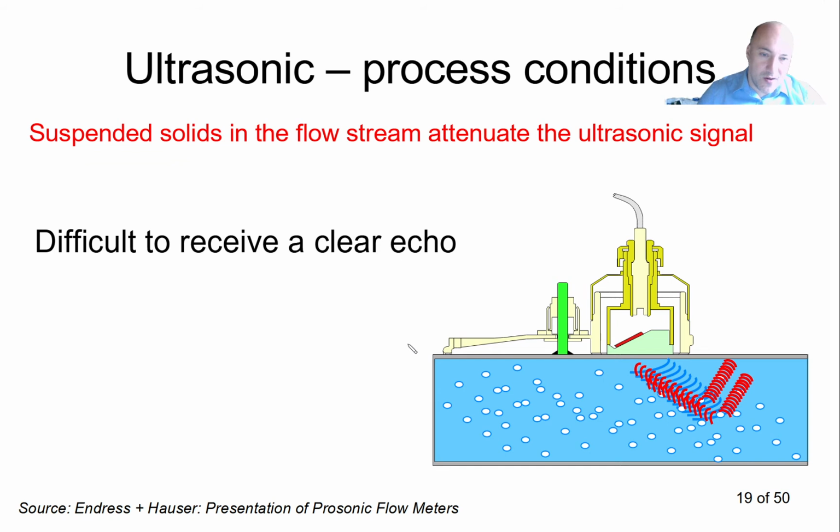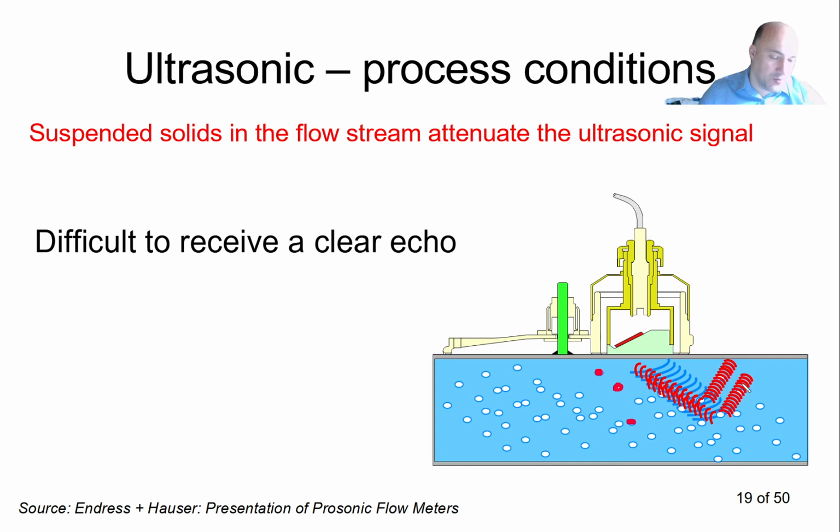You can see here a more detailed explanation why we have to avoid the solids in the fluid, in the liquid. You can see that, okay, here those are my particles that I have in my eventual fluid. I send the ultrasonic signal, but the ultrasonic signal will be attenuated on those particles.